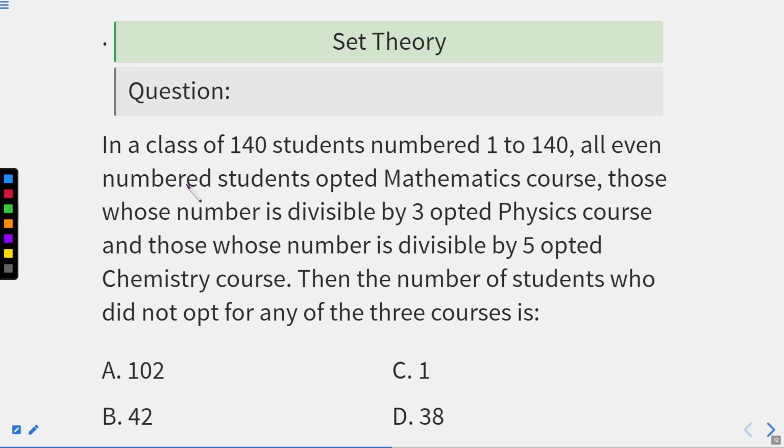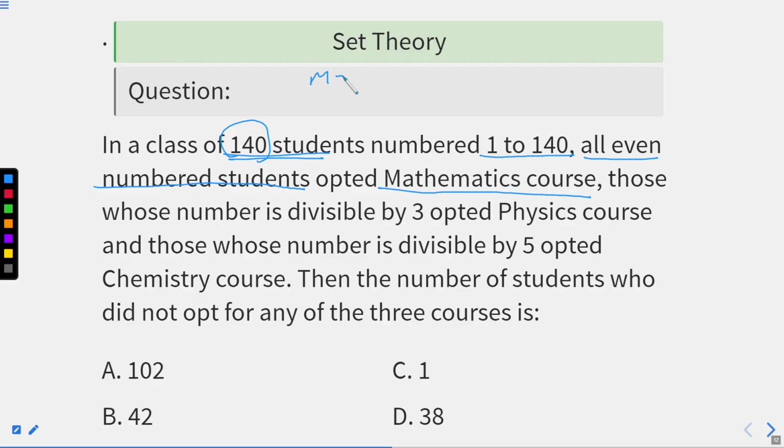Interesting question. The question says, in a class of 140 students, the total number of students is 140, and we provided roll numbers to the students, 1 to 140. All even numbered students, that means students with even roll numbers, opted for the mathematics course.